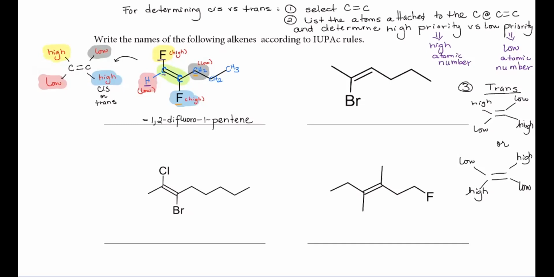In the case of cis, your lows and highs are going to be on the same side. So if this is your double bond, you can have high on top, and low and low on the bottom, or you can have both lows pointing up and both highs pointing down.